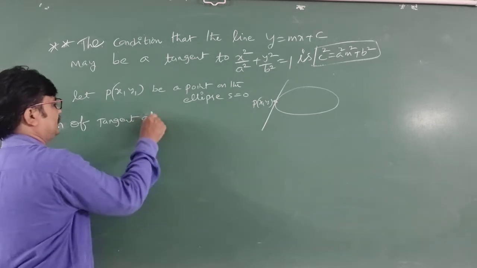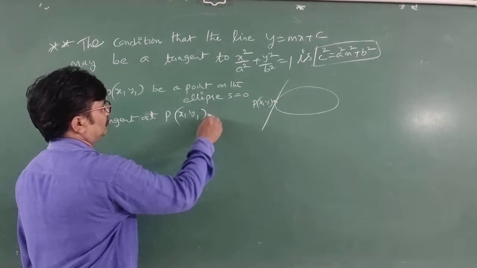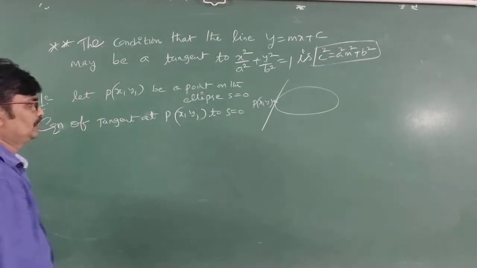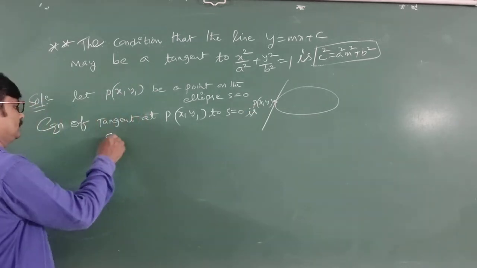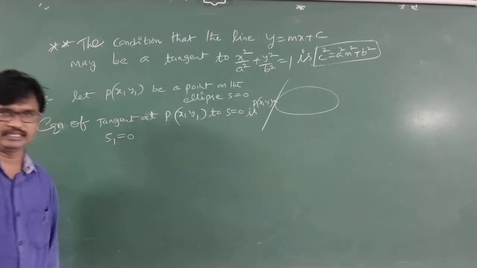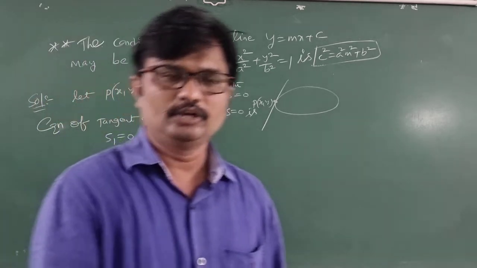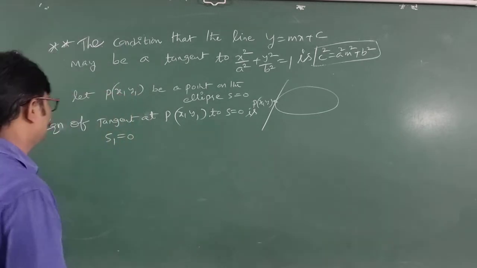The equation of the tangent at P(x1, y1) to the ellipse S = 0 is S1 = 0. Just now we proved that the equation of the tangent to the ellipse is S1 = 0.